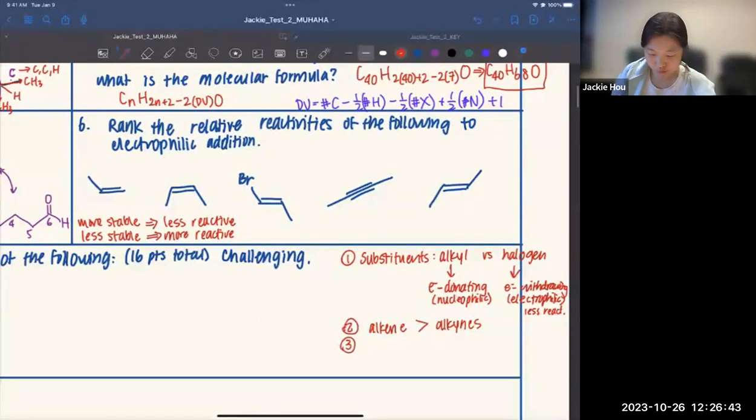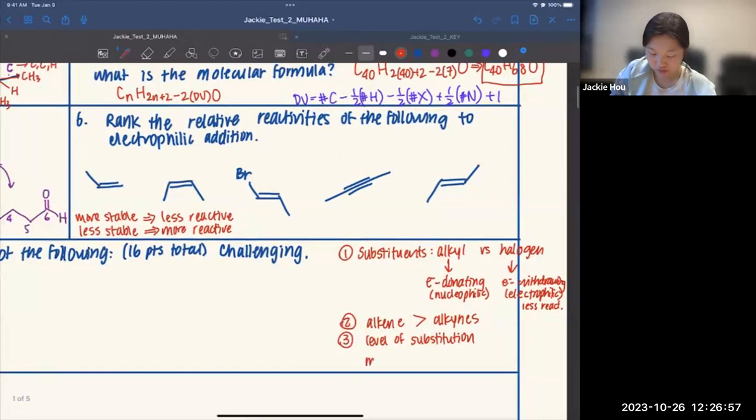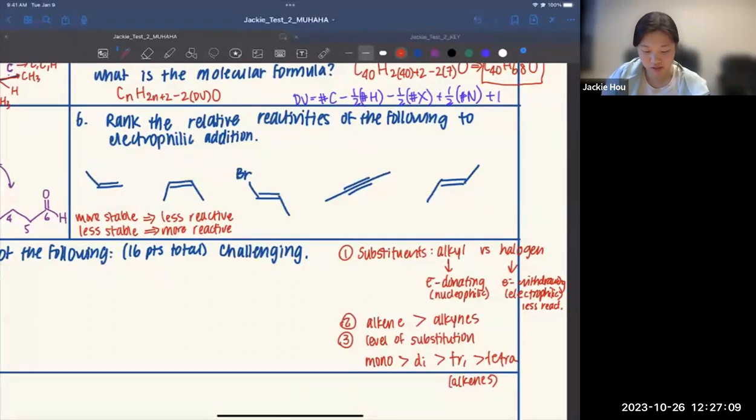And then lastly, we want to consider the substitution, right? The level of substitution. So in our case, mono-substituted is going to be more reactive than di-substituted, which is more reactive than tri, which is more reactive than tetra-substituted for alkenes. And why that is, is because mono is least stable because it only has, again, one alkyl group that's donating electrons.